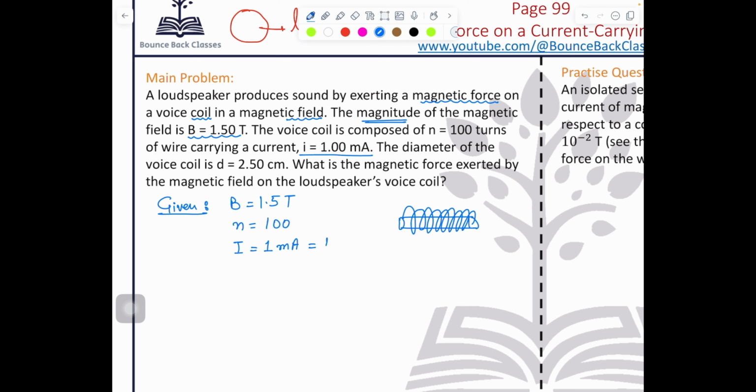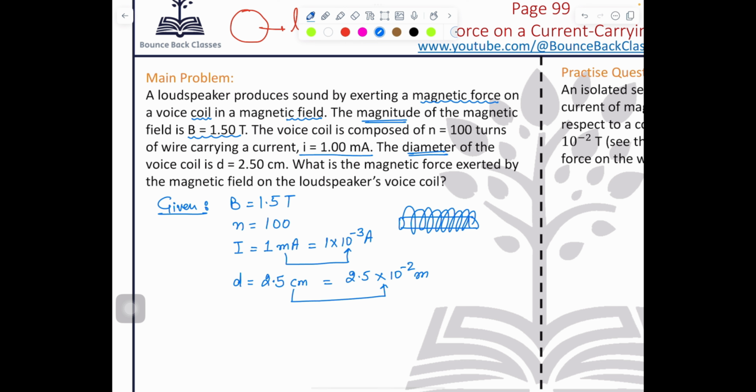Milli means 10 raised to power negative 3 ampere. Diameter D is equal to 2.5 centimeter. Convert this into meter: 2.5 multiplied by 10 raised to power negative 2 meter.